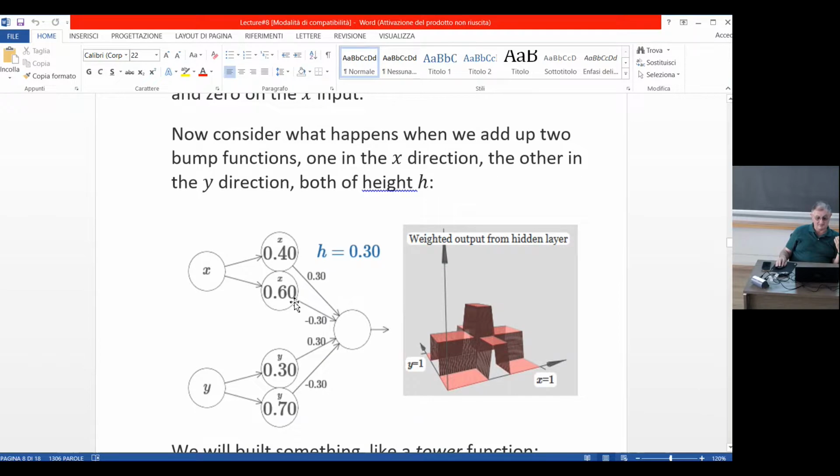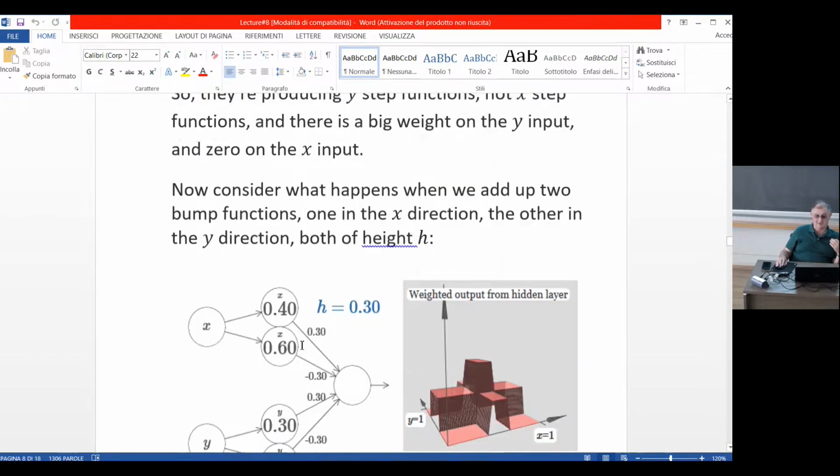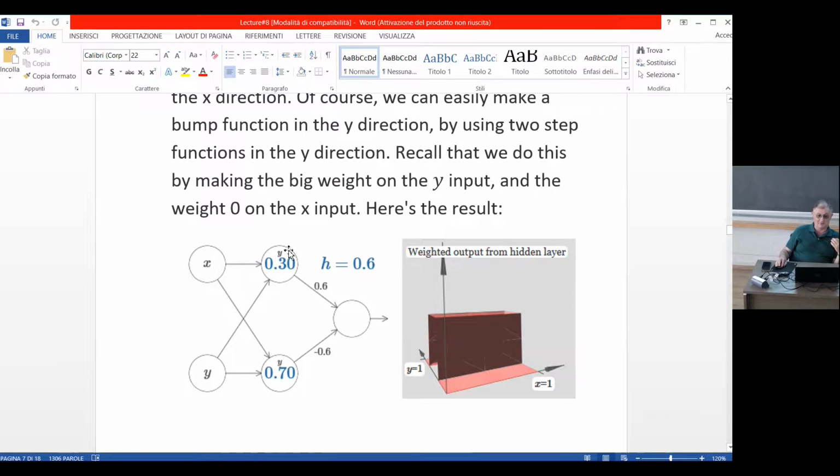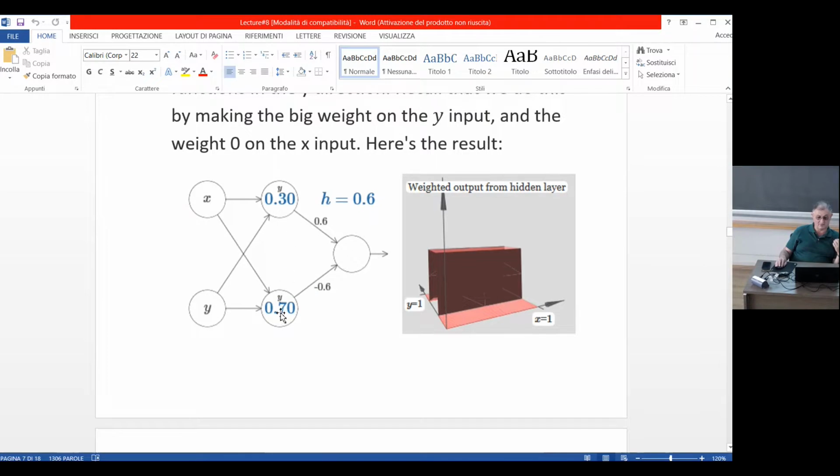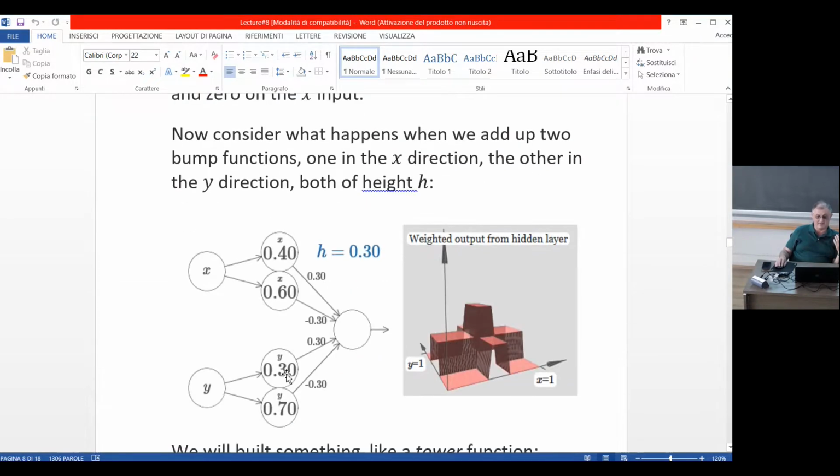If we add our bump functions, let's divide: x begins at 0.40 and ends at 0.60, and the second, y, 0.30 and 0.70, by the height 0.3.